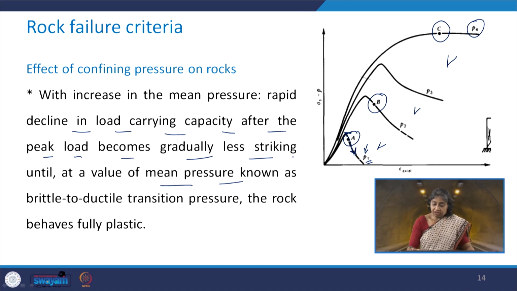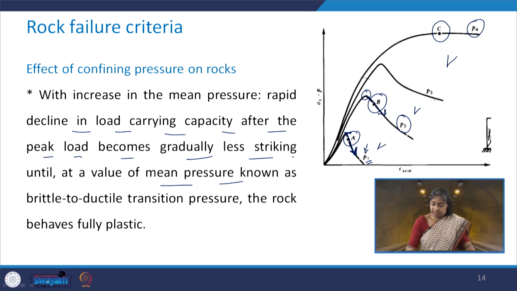But then when the confining pressure is increased, that is P2. So, you see here this was the peak, and see here the slope was so steep, but here it became a bit gradual.